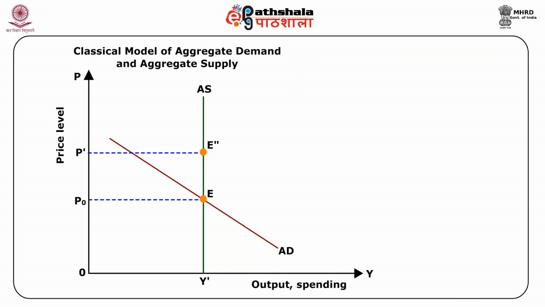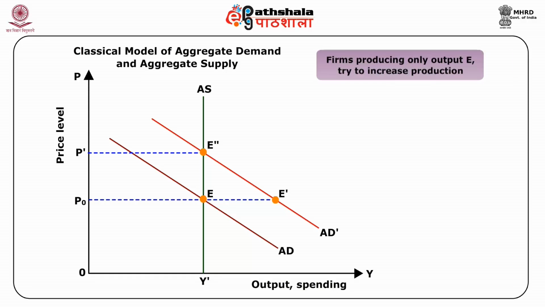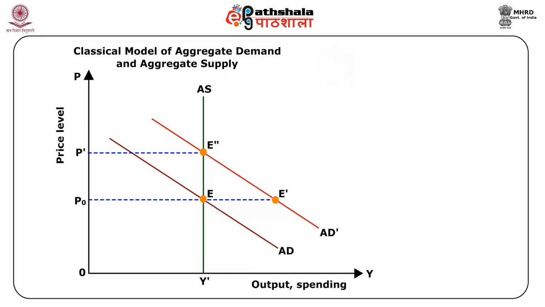Now say because of the rise in demand, the AD curve shifts outward to AD dash. So, at original prices, quantity demanded is E dash. However, as firms were producing only output E, they try to increase production. To increase production, they try to hire more labor.